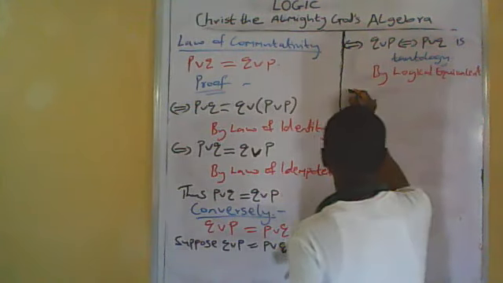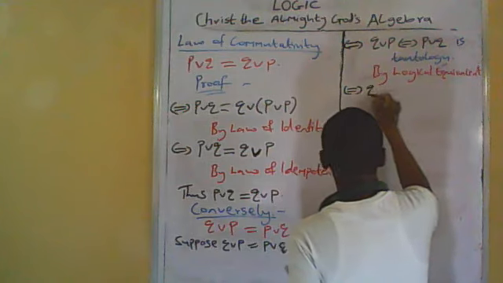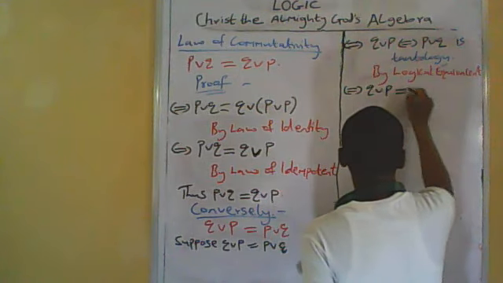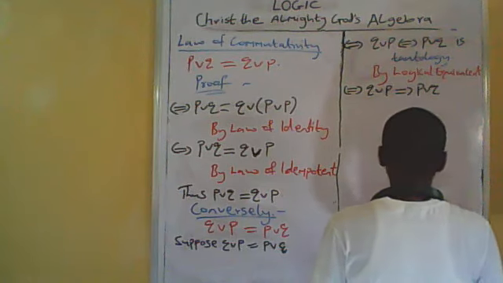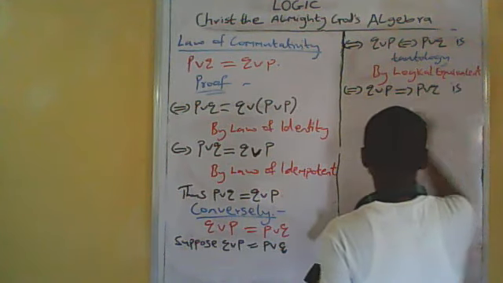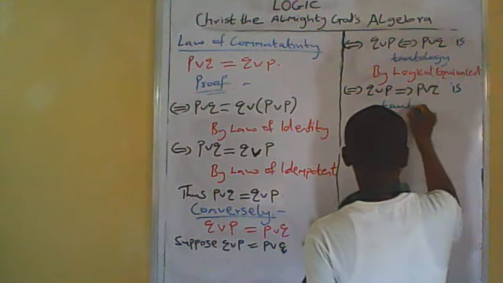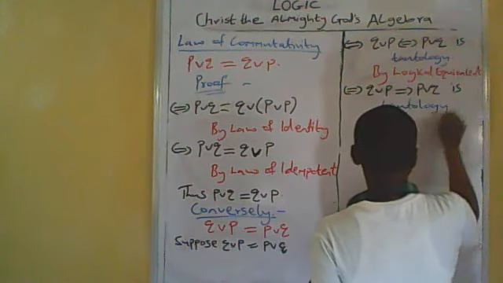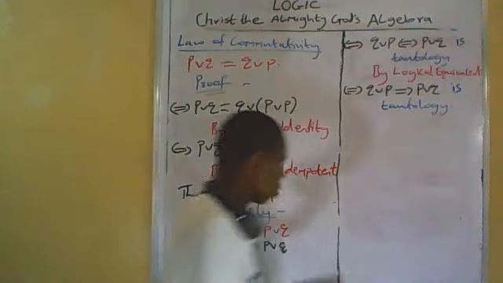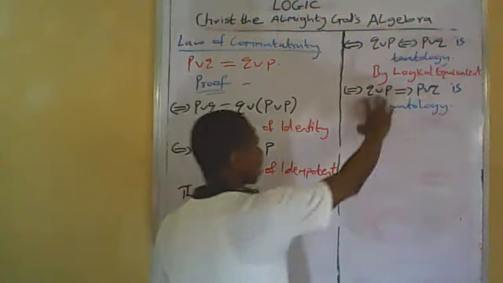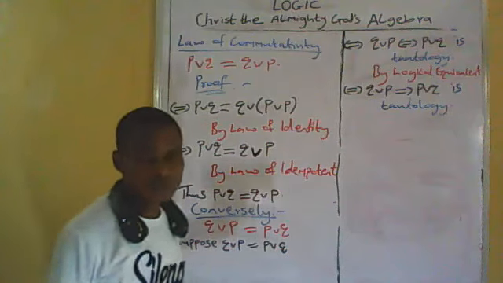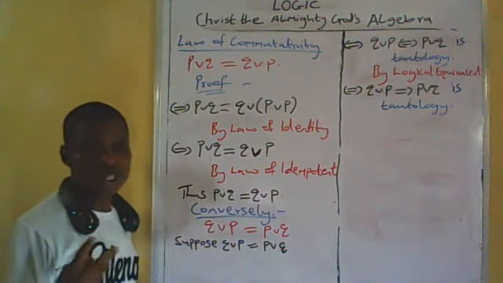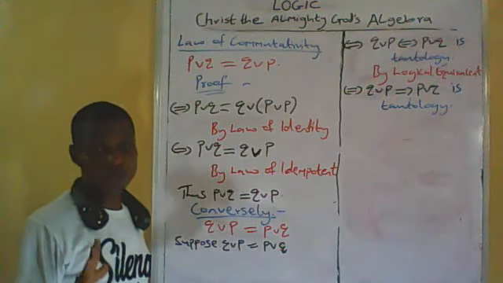So Q or P implies P or Q is a tautology, because in the evaluation of this statement, there is no possibility of getting falsity, always truth.